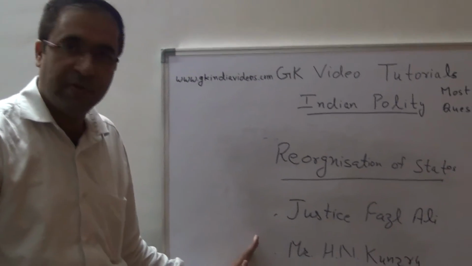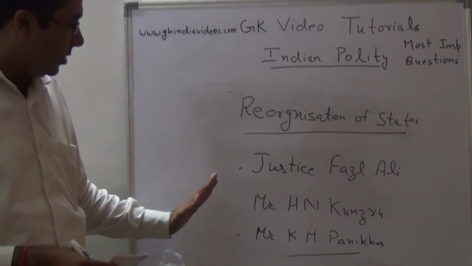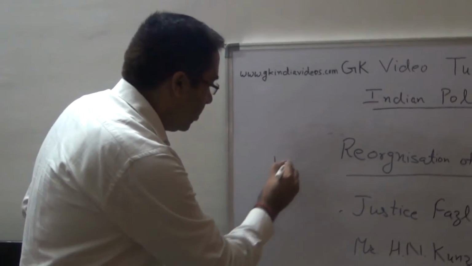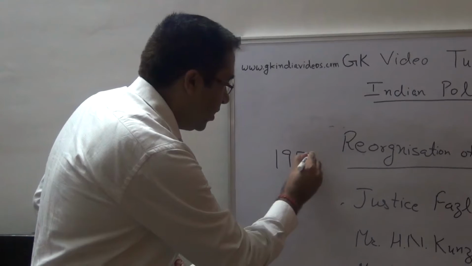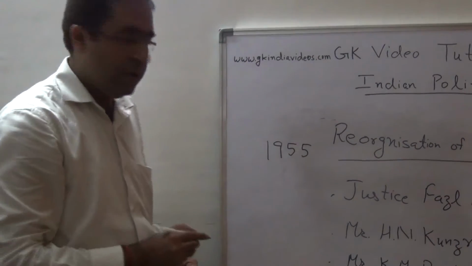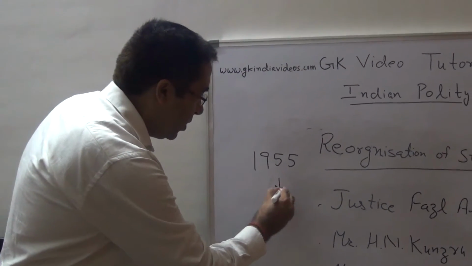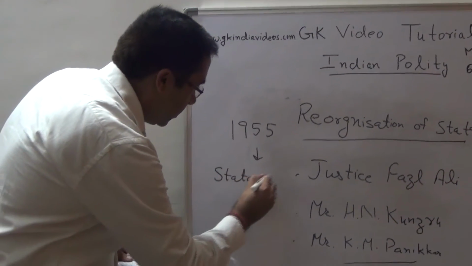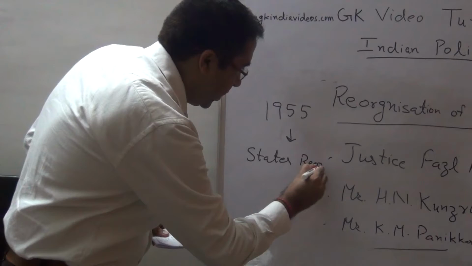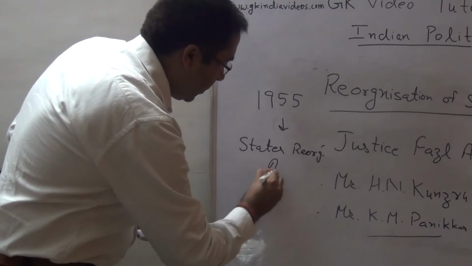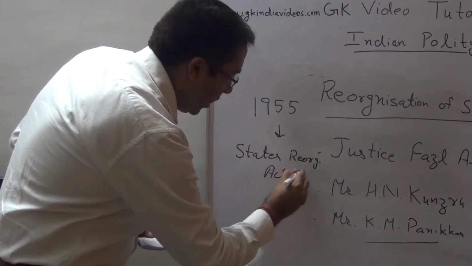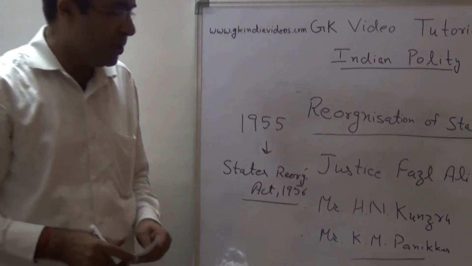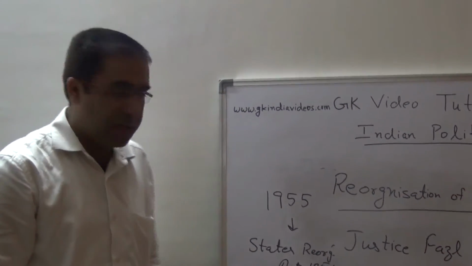These were the 3 members of this committee, and this committee submitted its report for the reorganization of states in 1955, and based upon this report, the States Reorganization Act was passed in 1956. So reorganization of the states started after this.